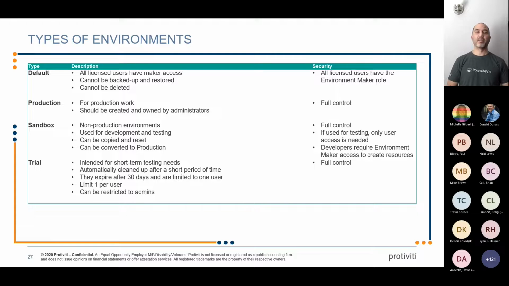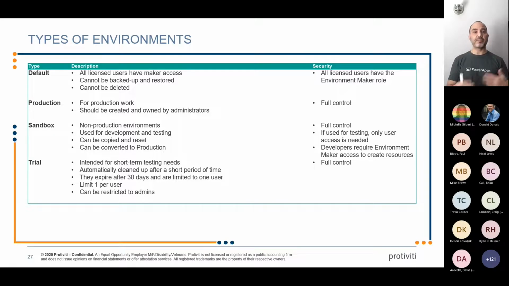Then you have your sandbox. Sandbox essentially is used for testing. In some cases, it might be used for development by more than one individual. And with a sandbox, you can pull the switch and say, I want to reset. It blows everything away and resets it to its initial state. And then if you want to, you can take a sandbox environment and flip it to become a production environment. So you have the benefit of using that.